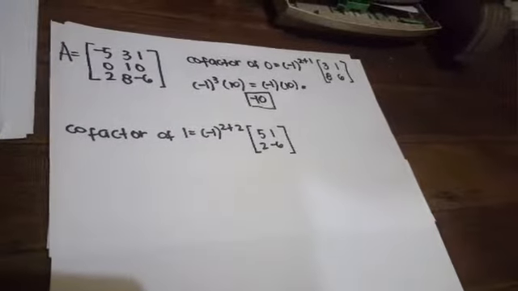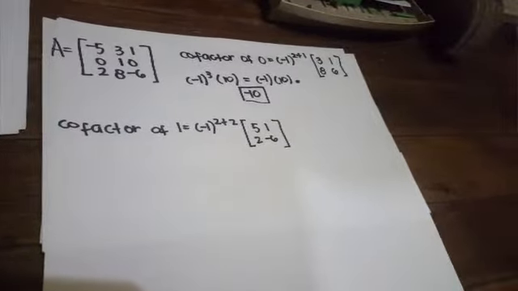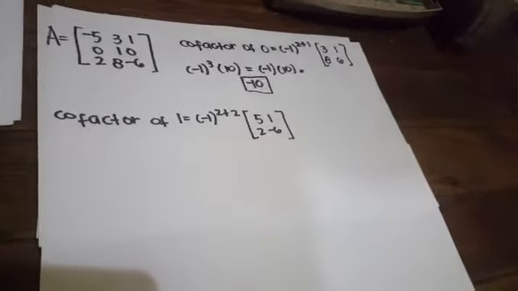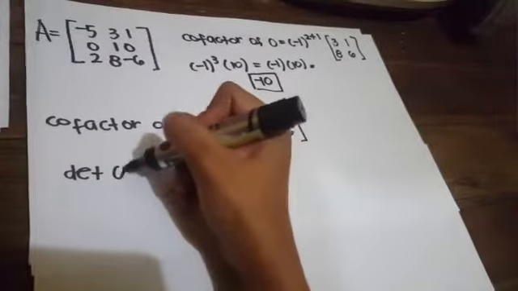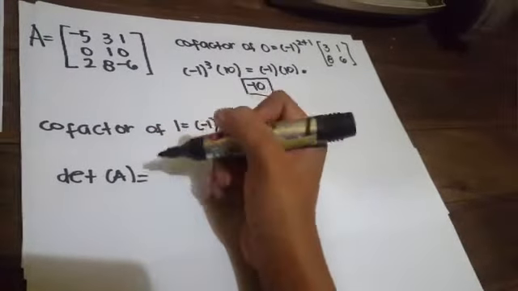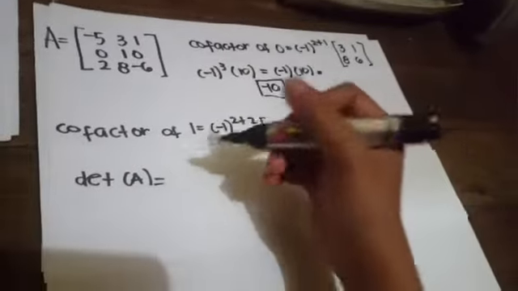After getting the minor and the cofactor, next is getting the determinant. To get the determinant, simply multiply each element by its cofactor.